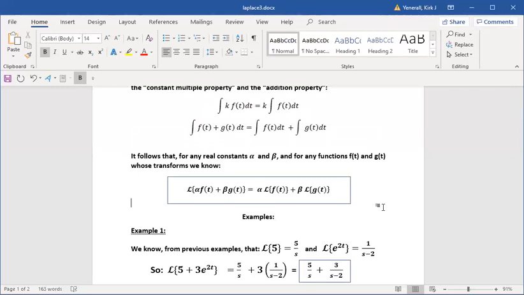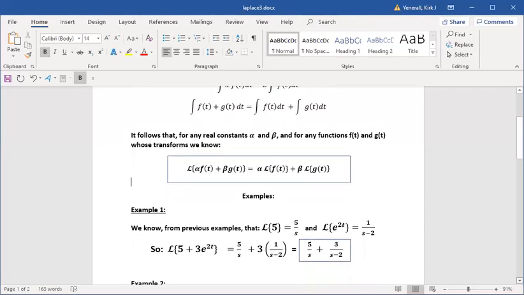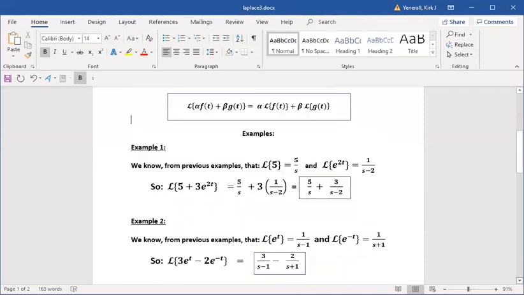Now that's wonderful, because what that means is once we start discovering what the Laplace transforms of certain functions are, we can find the Laplace transforms of other functions by using this linearity property. So let's look at a first pair of examples of that. You may recall that in a previous video, we showed that the Laplace transform of a constant was just that constant divided by s.